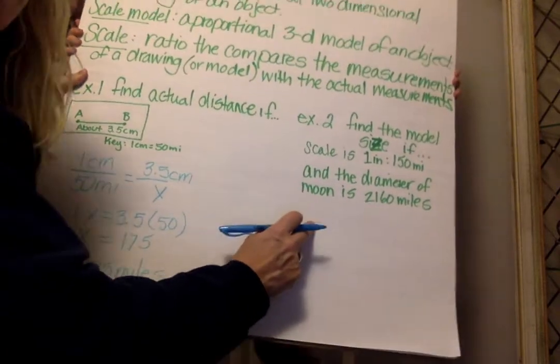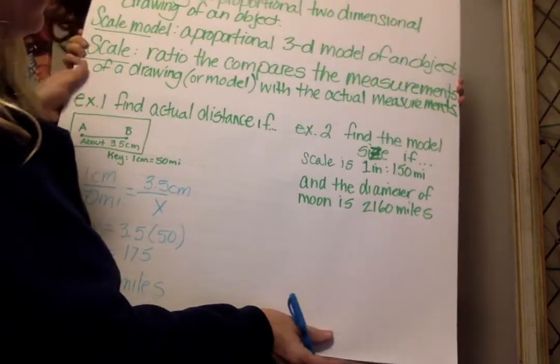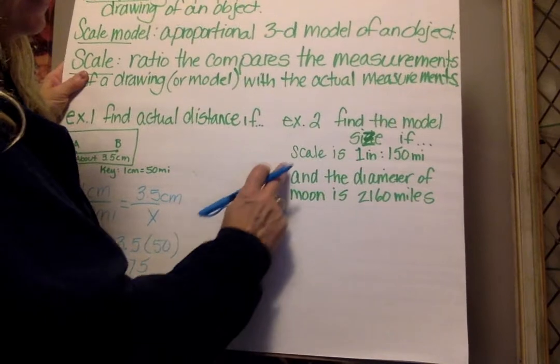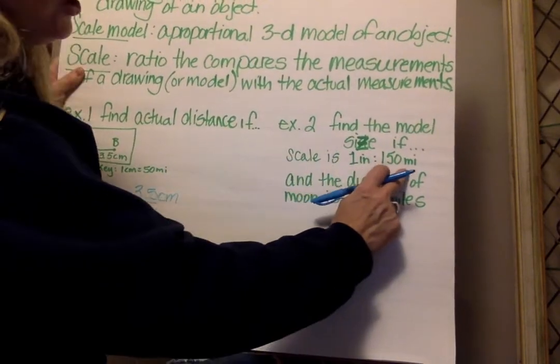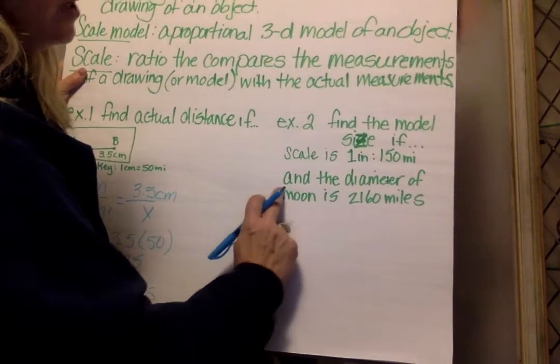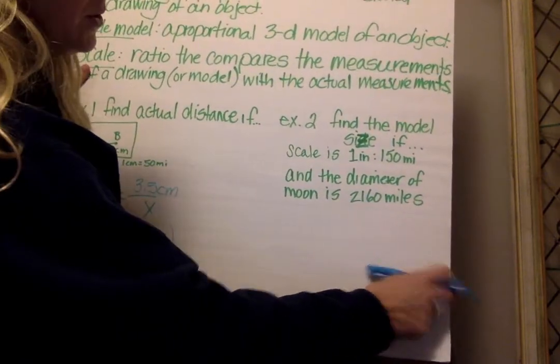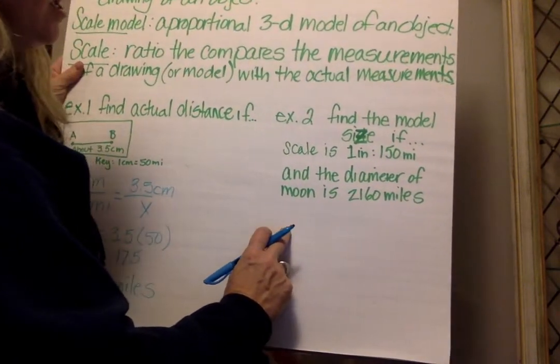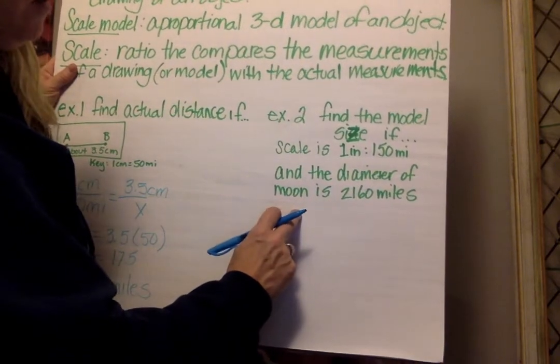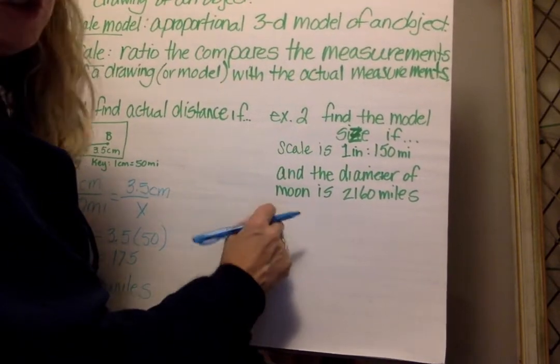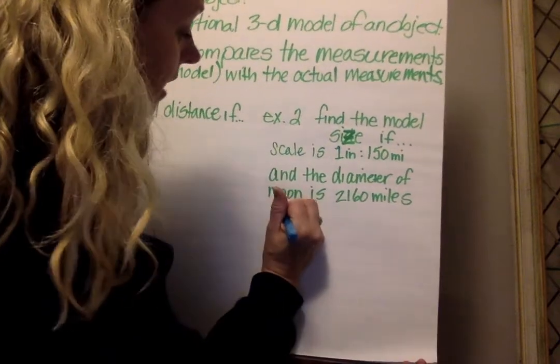We're going to do the same thing with example 2, but this time I'm going to find the model size if the scale is 1 inch compared to 150 miles, and the diameter of the moon is 2,160 miles. So this time I'm finding the model when I do know the actual. So I'm going to start with my scale again.